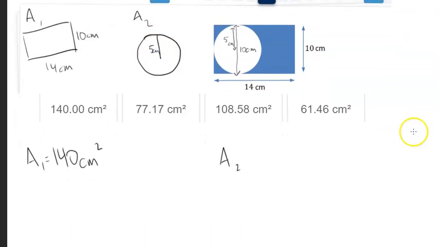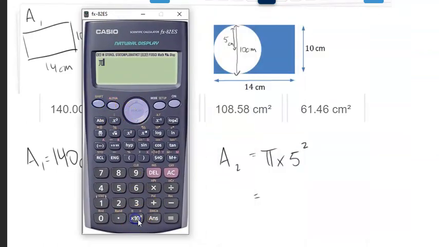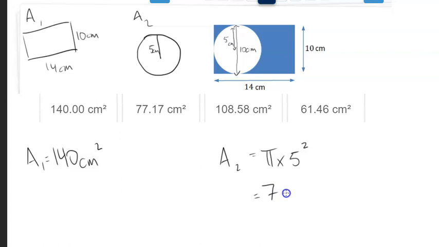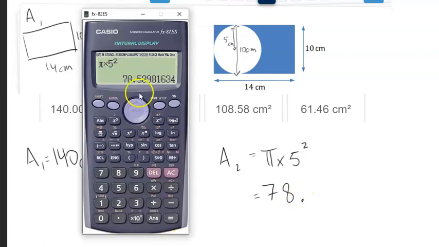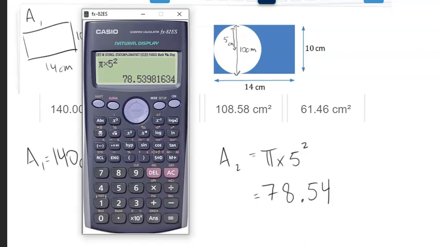Area 2, following our formula, is pi times radius 5 squared. Now onto our calculators, shift, that button there to get pi times 5 squared, 25, because 5 squared is 25, and this will give me 78.54.